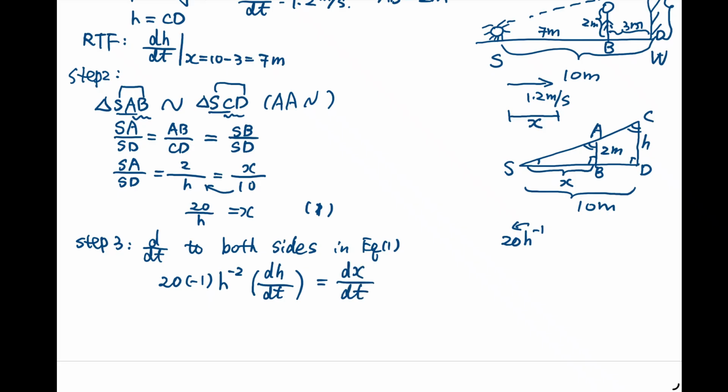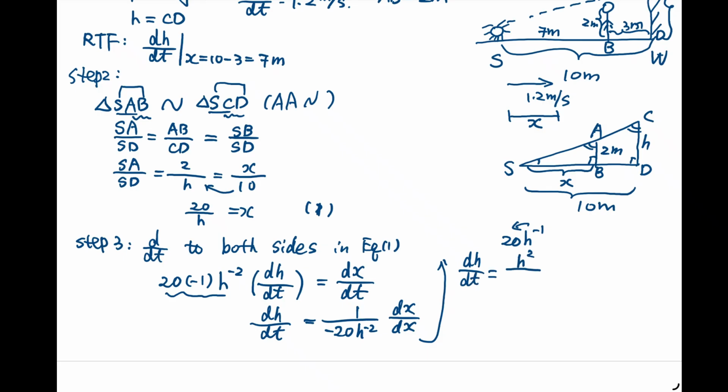Then we solve for dh dt by moving the front to the other side, and doing the division. So dx dt, then negative 20 h to the negative 2. Then continue, dh dt. The h to the negative 2, flip it, will be positive h squared over negative 20 dx dt.